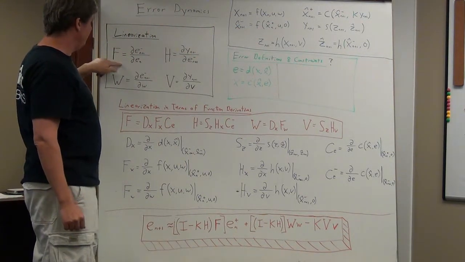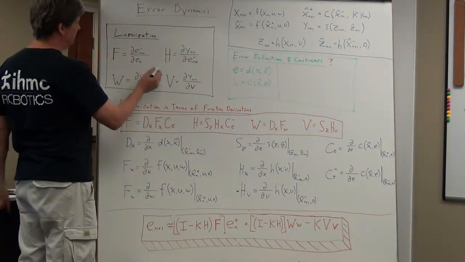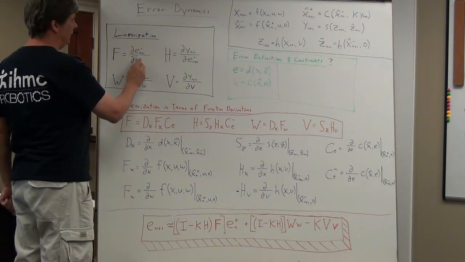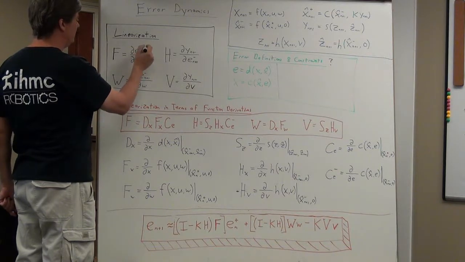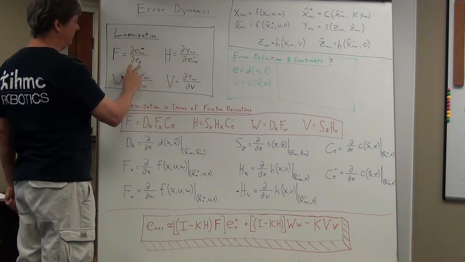But here's the key. Let's go through these one at a time. This F matrix is the partial derivative of the next error, before the update step, with respect to the previous error.